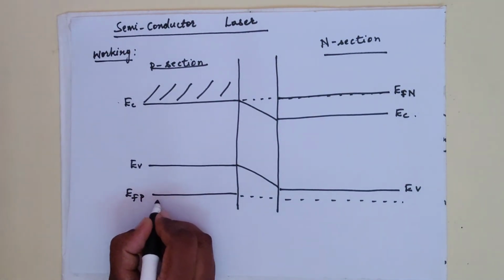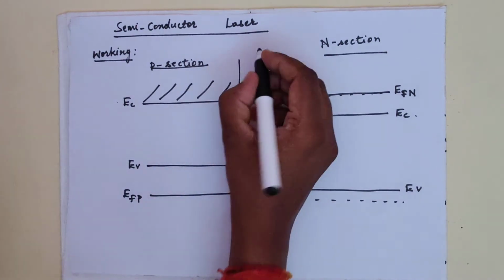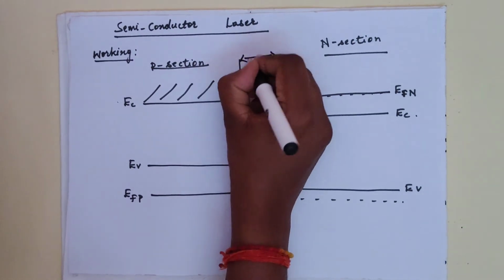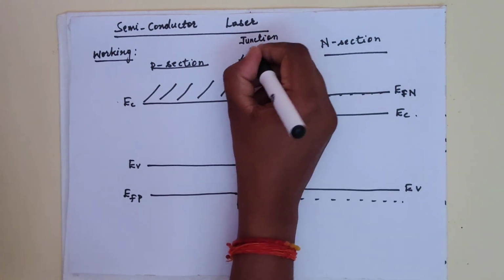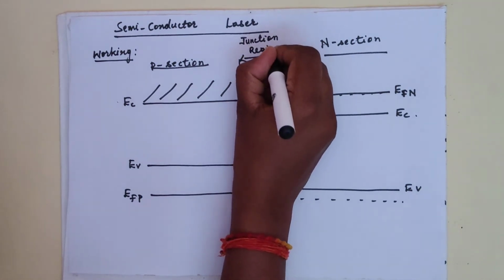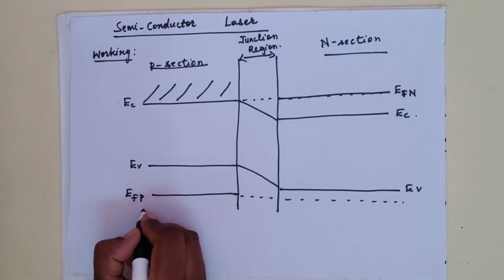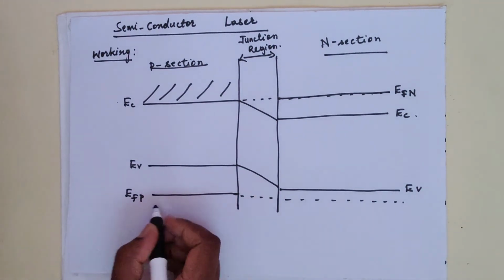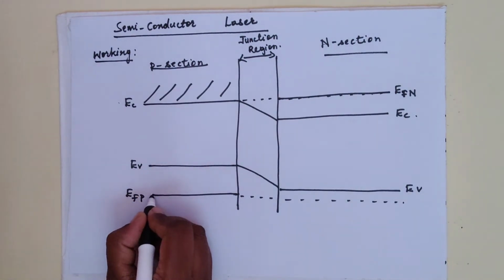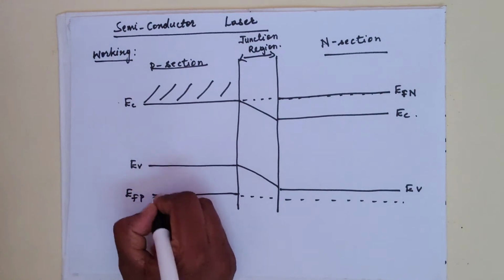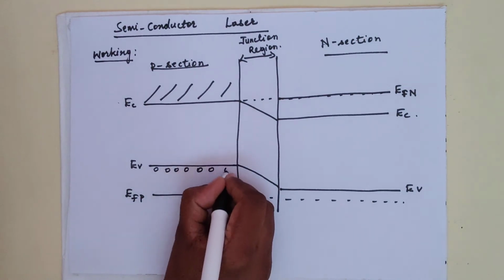The Fermi level is the highest occupied level in any atom. This is the junction region, or barrier, which separates the P and N section. Here in the semiconductor laser, the Fermi level in the P section lies below the valence band, and above it all the levels are vacant, filled with holes.